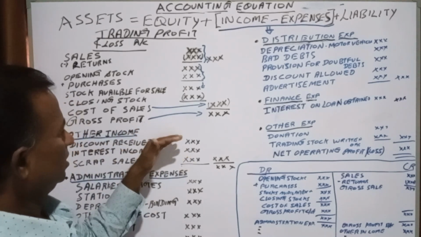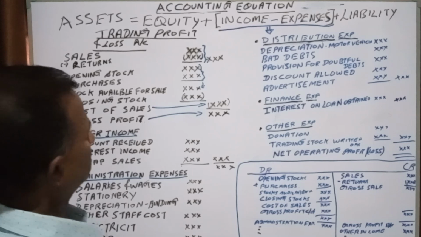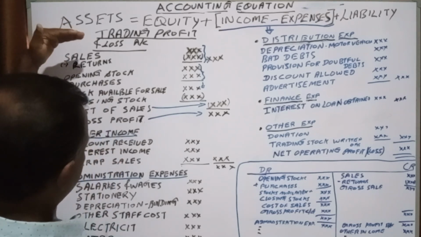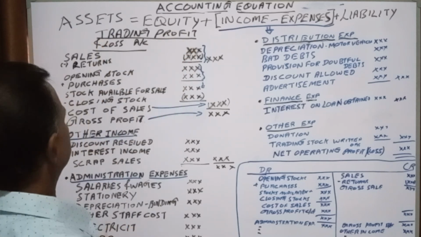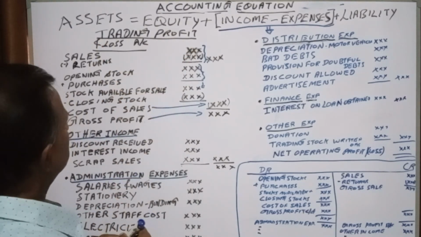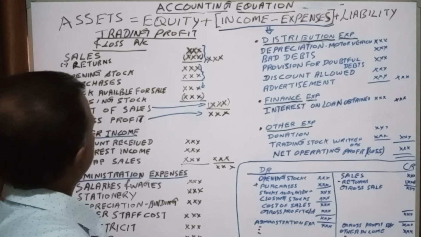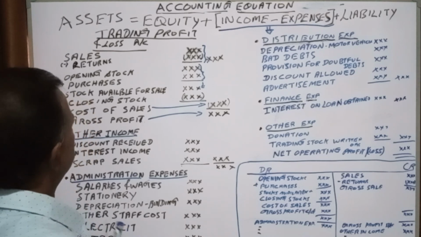Thereafter, it is called the profit and loss account. When we amalgamate both, we call it the trading and profit and loss account, because it contains two accounts.